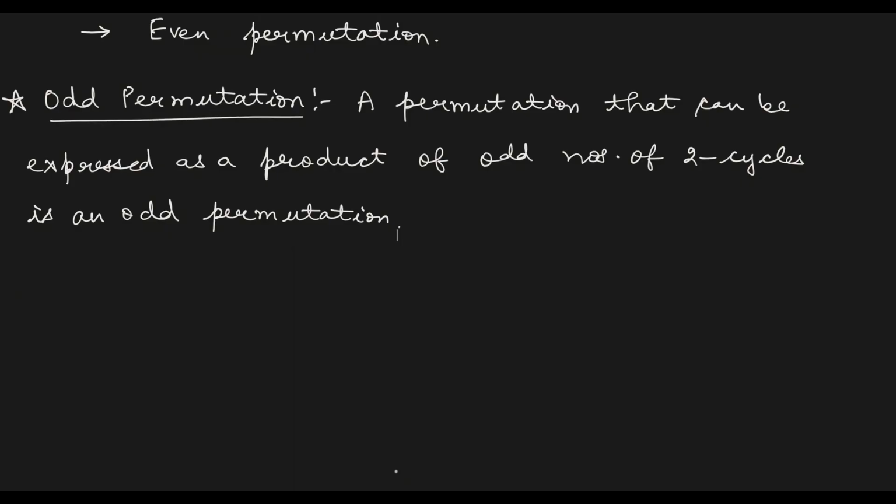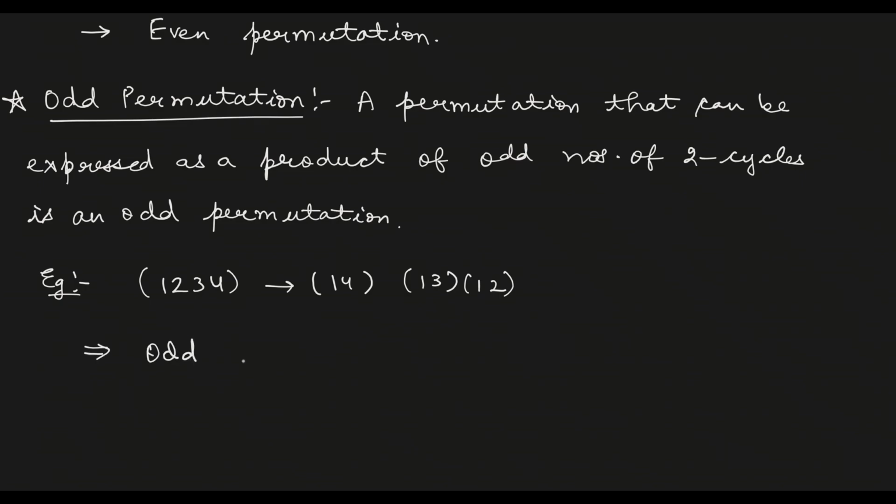For example, (1 2 3 4) can be written as (1 4)(1 3)(1 2). So it is a product of an odd number of 2-cycles. There are three 2-cycles. So this is an odd permutation.